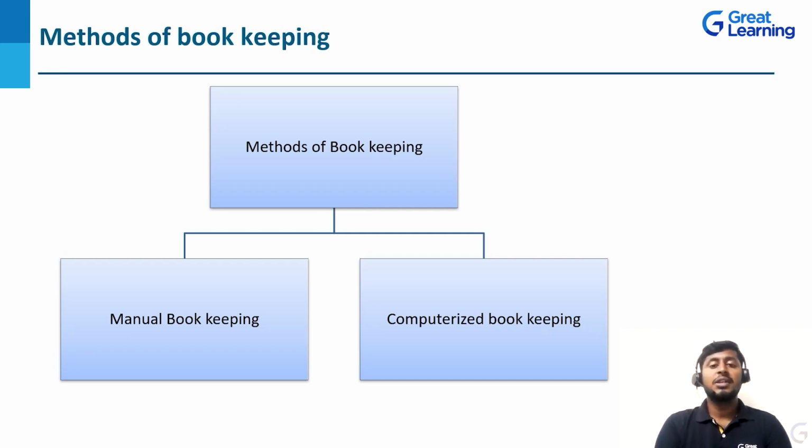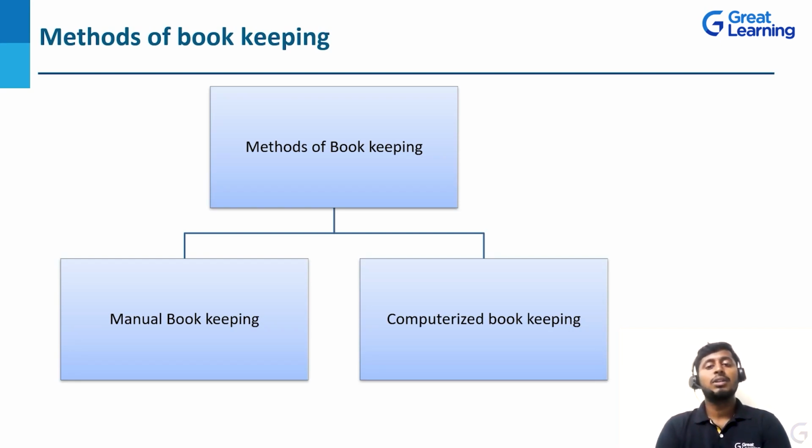In the traditional method, I think you have seen the ledger books, one way or the other. Big books will be there, correct? There we manually enter all the details or all the activities in the book. That is manual bookkeeping.